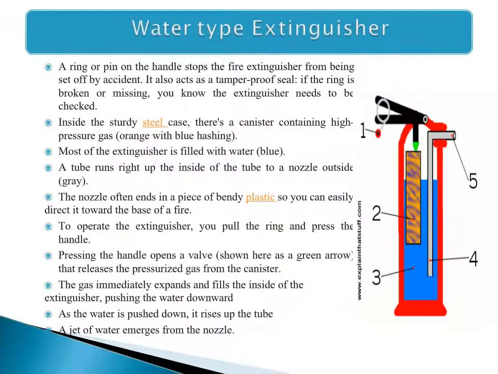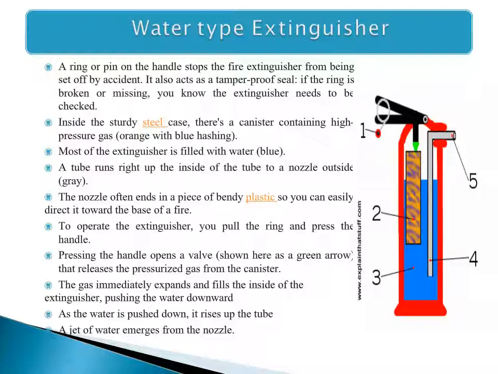Water type extinguishers. A ring or a pin on the handle stops the fire extinguisher from being set off accidentally. It also acts as a tamper-proof seal. If the ring is broken or missing, you know the extinguisher needs to be checked.